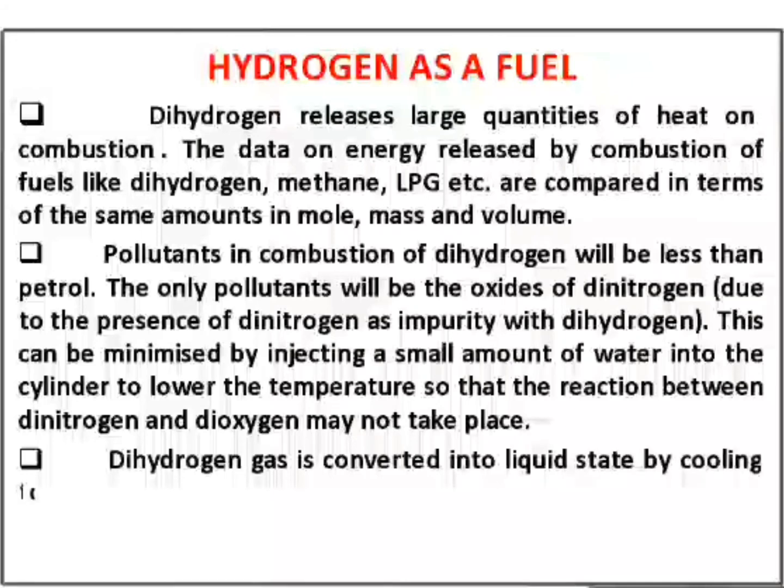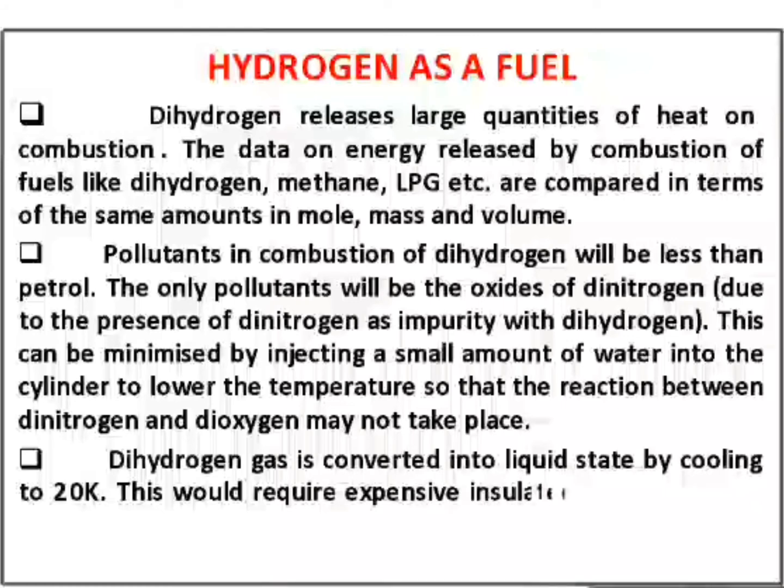Now see here, what was the problem? The problem was the nitrogen oxide, the reaction between nitrogen and oxygen. So we can check the reaction between nitrogen and oxygen by mixing a small amount of water.